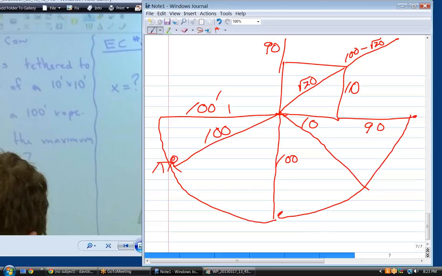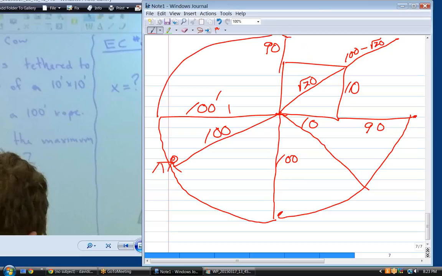Can cover that area, 1/4 of a circle of radius 100. And it can cover that area, 1/4 of a circle of radius 100.